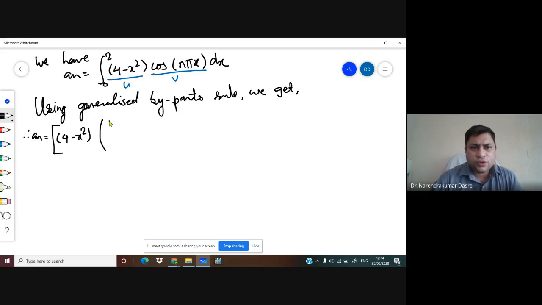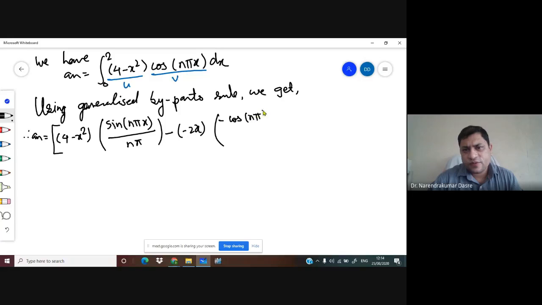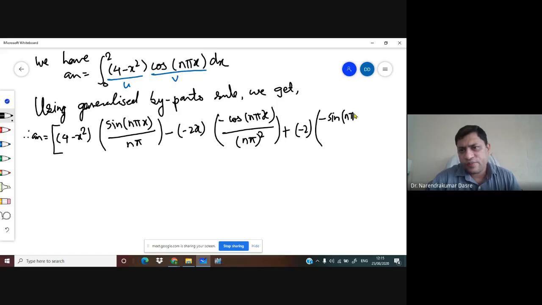So we got sine of n pi x on n pi, minus the derivative of this, so minus 2x, and here we get minus cos of n pi x upon n pi bracket square, and next you have plus the derivative of this term again, minus 2, and the integration of this, so we have minus sine of n pi x upon n pi cube, and the limit is 0 to 2.